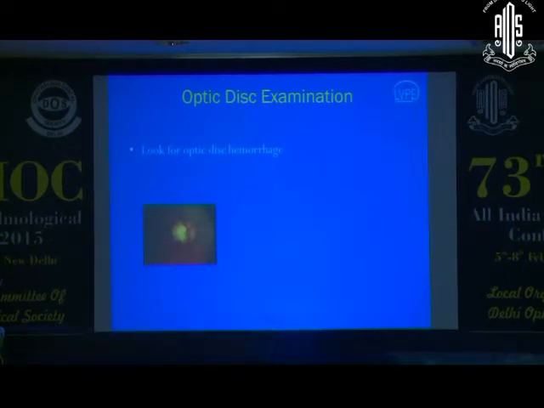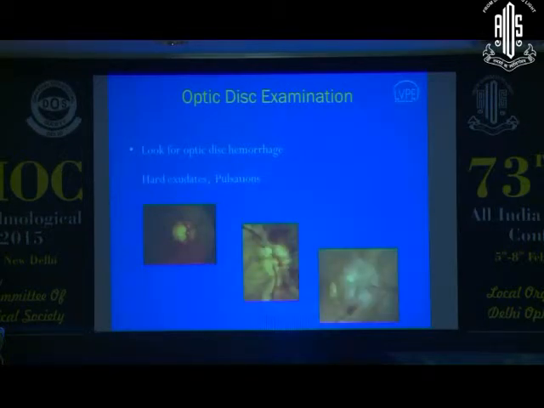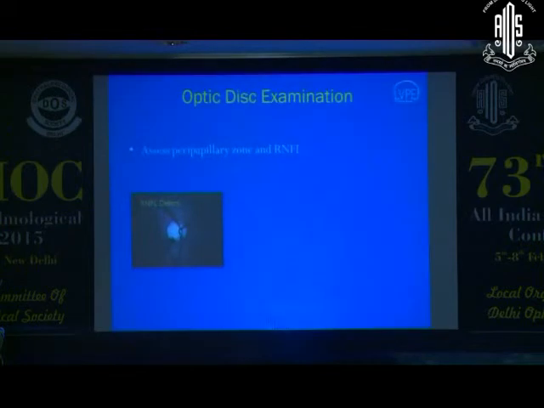On the surface, we look for hemorrhage. Hemorrhage can happen in glaucoma, it can happen in vitreous detachment, it can happen in non-glaucomatous etiologies. In addition to that, we may have hard exudates, and there may be loss of pulsations if the intracranial pressure is raised. So all this is part of the surface of the optic disc, and if we follow this template, then we may not miss any part of it.